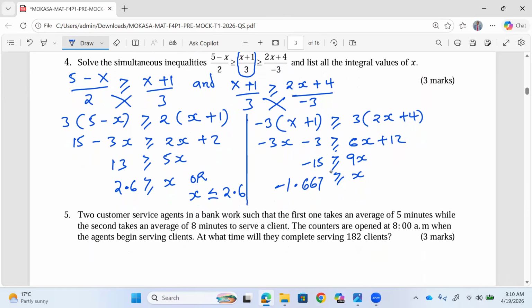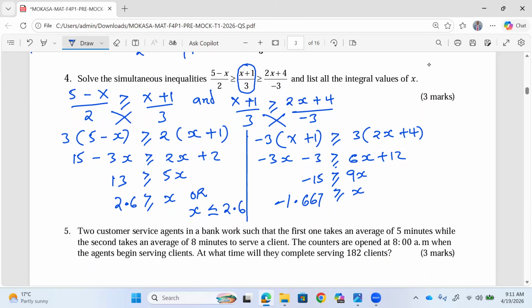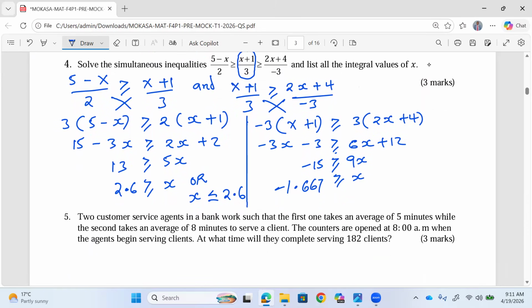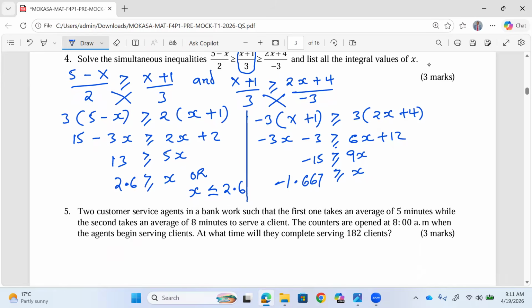So with x at the middle, we can now say that the least value of x is negative 1.66 and the greatest value of x is 2.6.